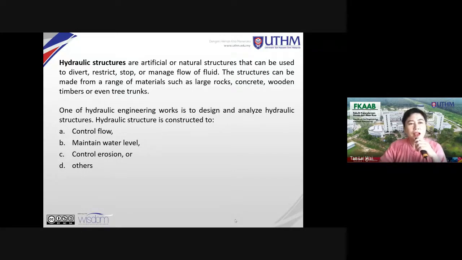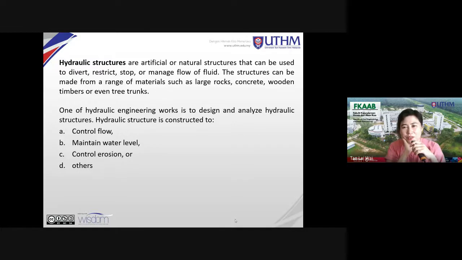Now, hydraulic structures could be artificial or natural structures, which can be used to control the flow of fluid. The structures can be made of a range of materials, such as rocks, concrete, timbers, tree trunks, and so on.